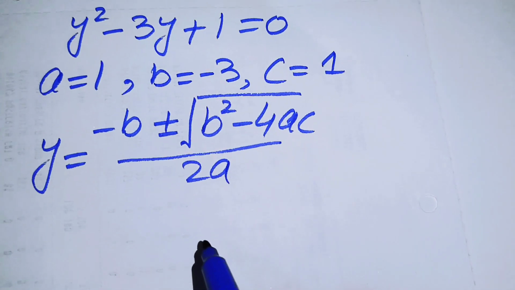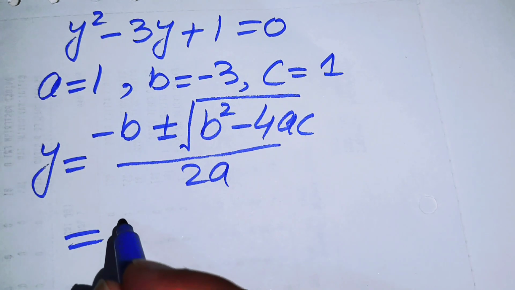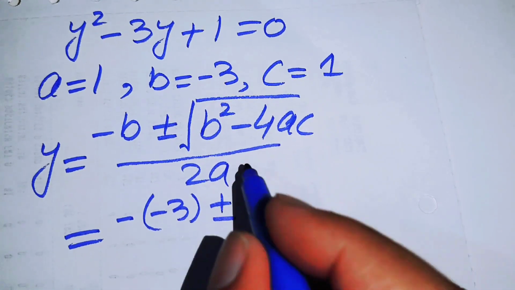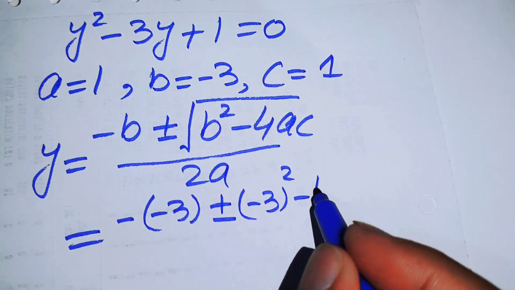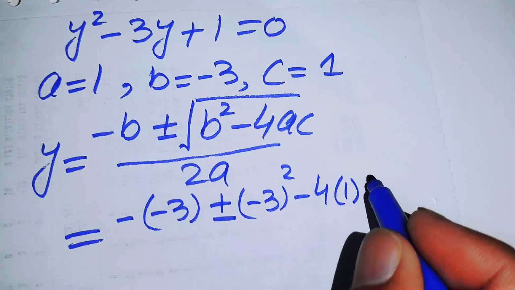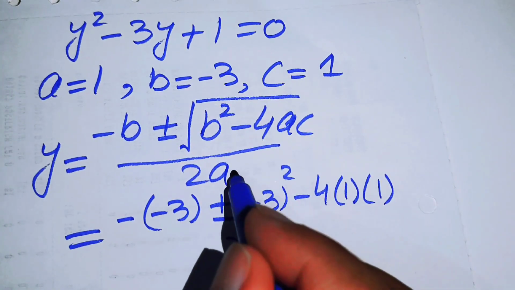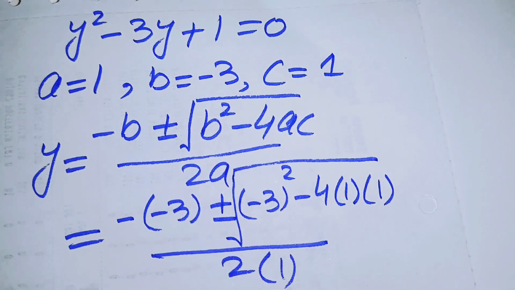Now we can put all the values of a, b and c in this formula, and you obtain minus times minus 3 plus or minus the square root of minus 3 squared minus 4 times a is 1 and c is 1, over 2 times a is 1.